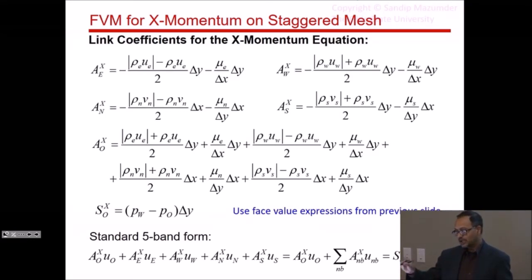For example, the way you calculate rho east for the x momentum equation will be different from the way you calculate rho east for the y momentum equation, because it's a different eastern face you're looking at, not at the same location anymore. So keep that in mind, that those 12 expressions I talked about will be different when you go to the y momentum equation. That's why our link coefficients, the final values we calculate for these, will be all different for the y momentum, even though these expressions may look similar.